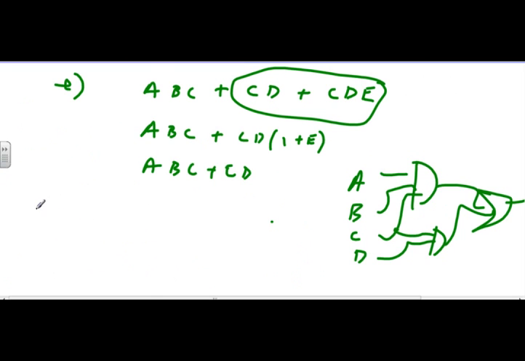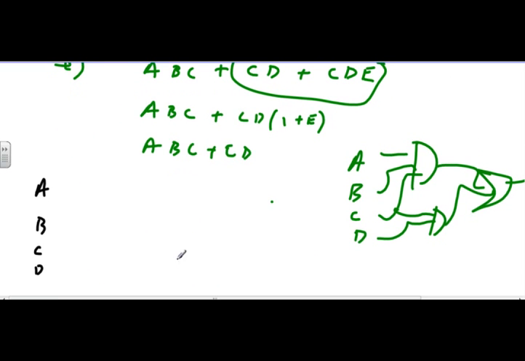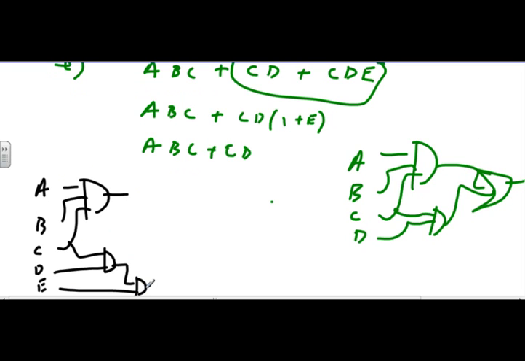So now I've got the other one, A, B, C, D, E. A, B, C, and C, D, and C, D, E, and 4. Now we've got to do delta.